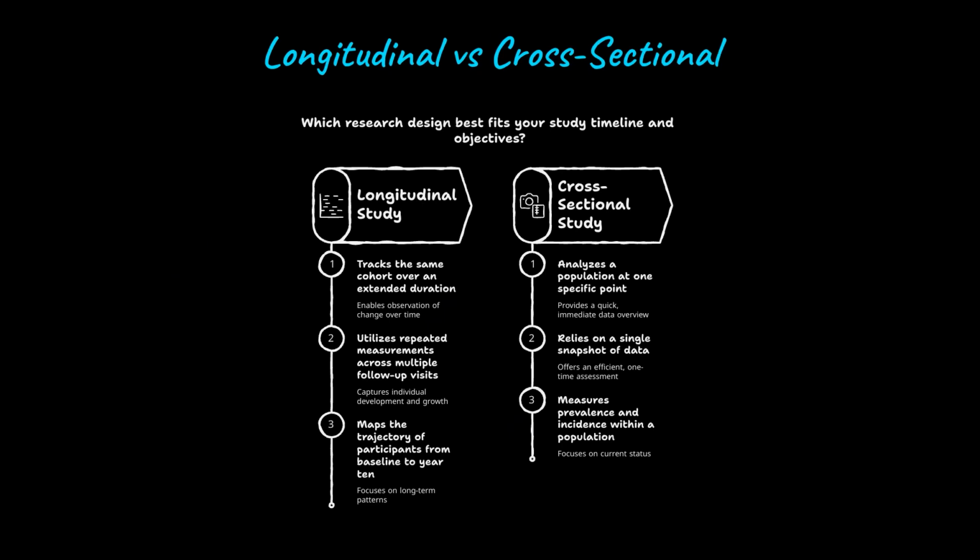Longitudinal studies measure each person multiple times, tracking change from a baseline through follow-up visits spanning months or even decades. By following the same individuals forward in time, these designs reveal incidence, the sequence of exposure before outcome, and individual trajectories, providing the temporal structure needed to support causal reasoning.